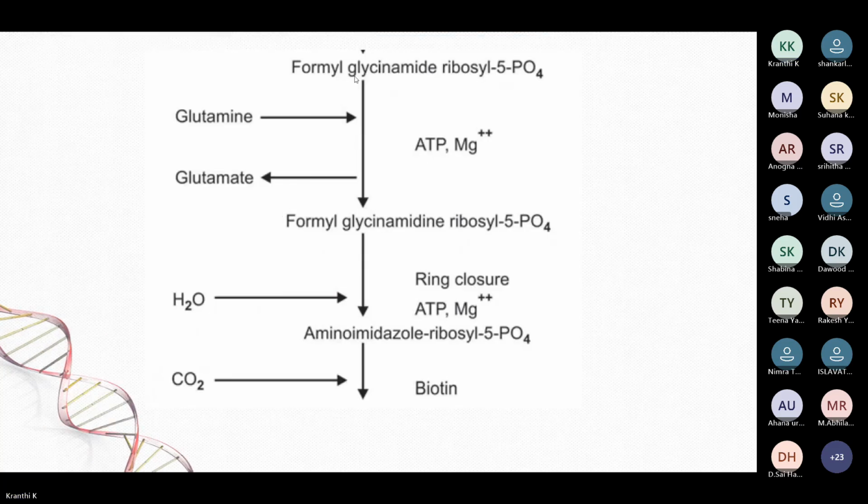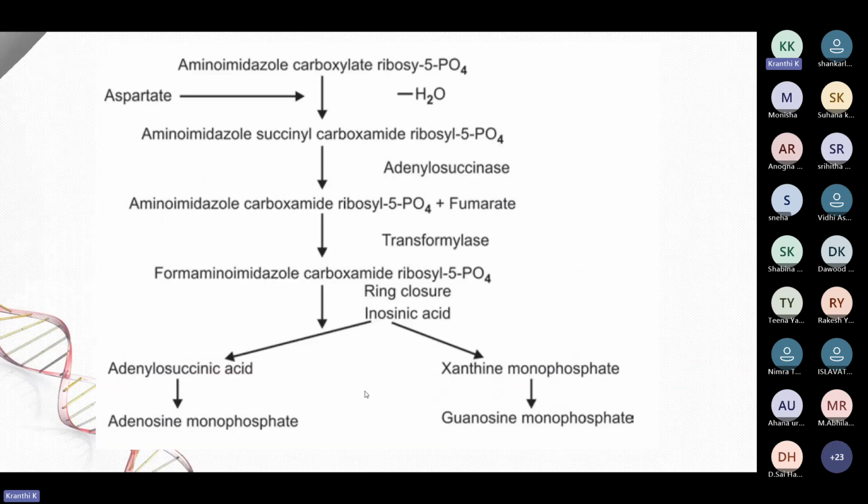Later, again it converted. Again it is taking glutamine. Okay, ring closure in this stage. Later it's converted to carboxylated intermediate after adding the CO2, and again aspartate got added. Okay, where the imidazole ring closed. Then later we release the fumarate.